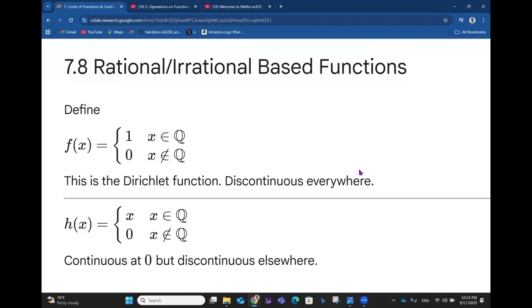But when h of x is equal to x when x is rational, and h of x is 0 when x is irrational, then we say that this is continuous at 0, but discontinuous elsewhere.